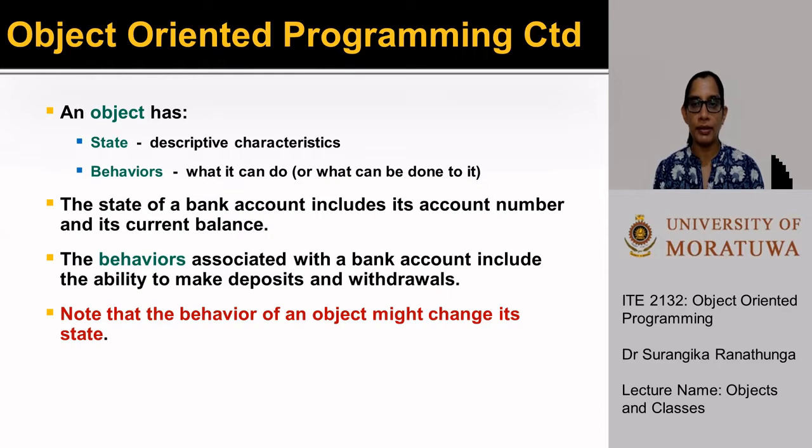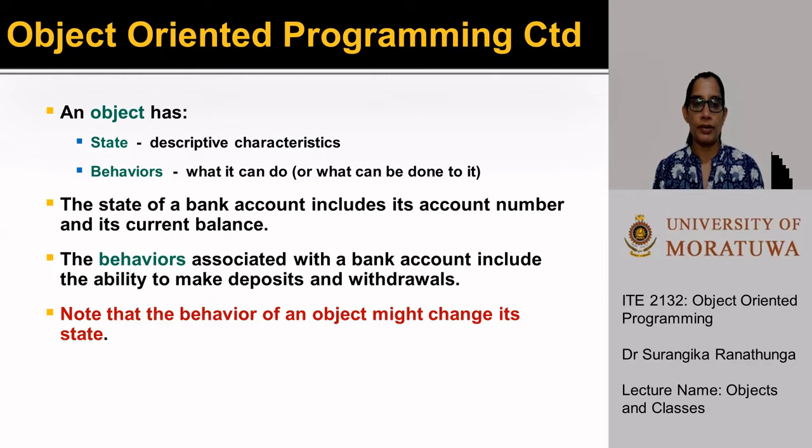However, keep in mind, state refers to the characteristics or the values of that object at a given point of time. For example, if you take the current balance of the bank account, today it will have one balance and tomorrow it will have another balance. So the state of the object is changing. So when we define the state, what we can get is the value of that object at that given time point.